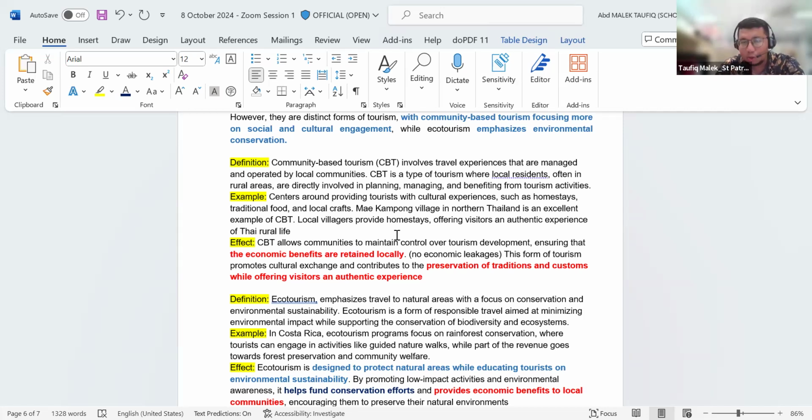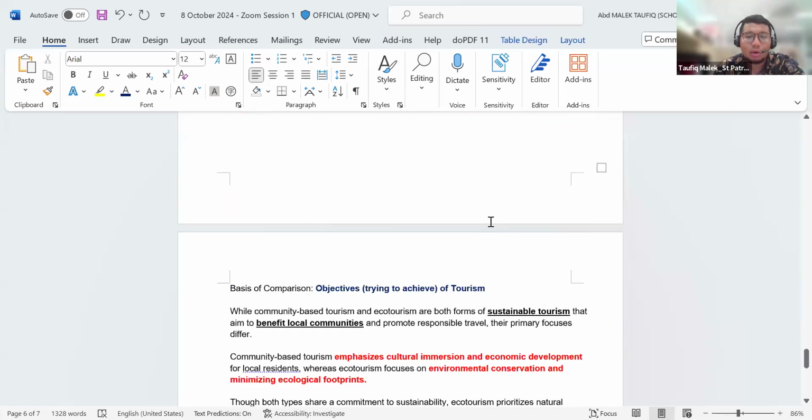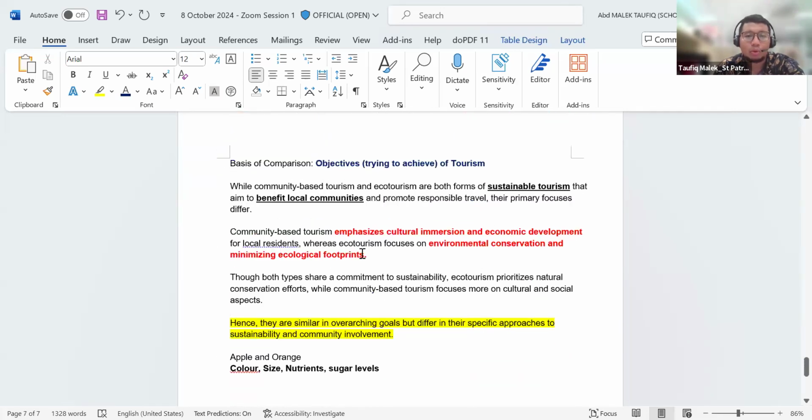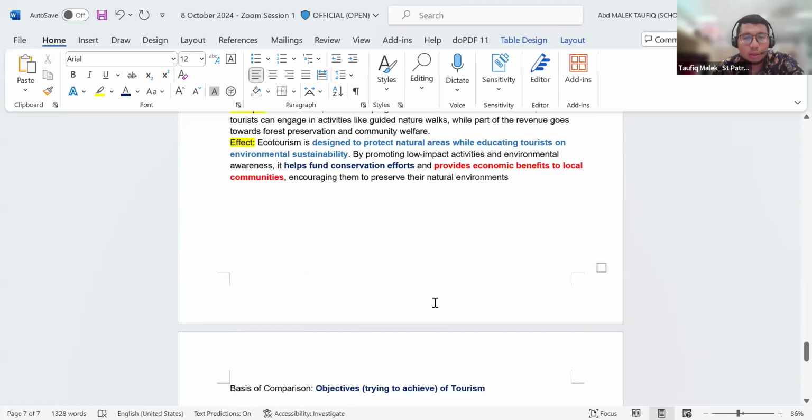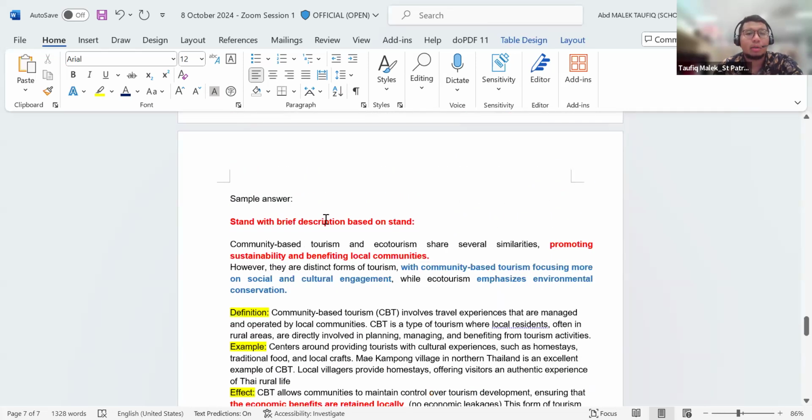When you study all this, then of course, at the end of the day, you are able to do this basis of comparison. Okay? For the exam, I know it's going to be a struggle, but we need to start somewhere.